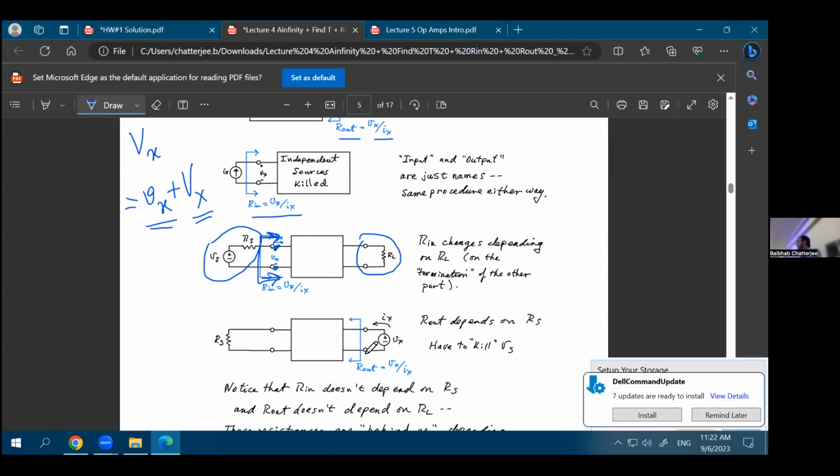So when you are finding the output resistance of this black box, it will not matter how much load you have connected, but it will matter if your source resistance is different, because this resistance is on the left-hand side. If you think about it simplistically, it's very intuitive. Whatever you can see will be in your calculation. Whatever you do not see will not be in your calculation. That's it.